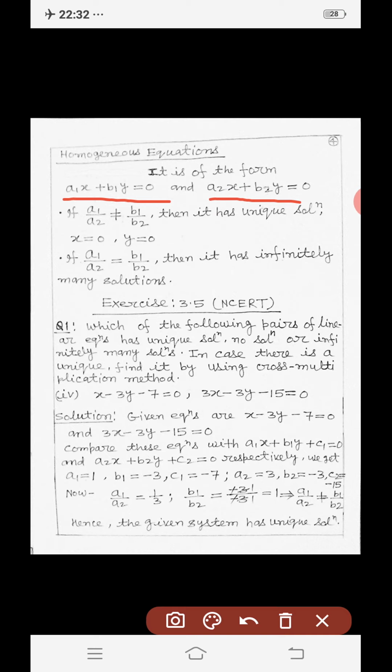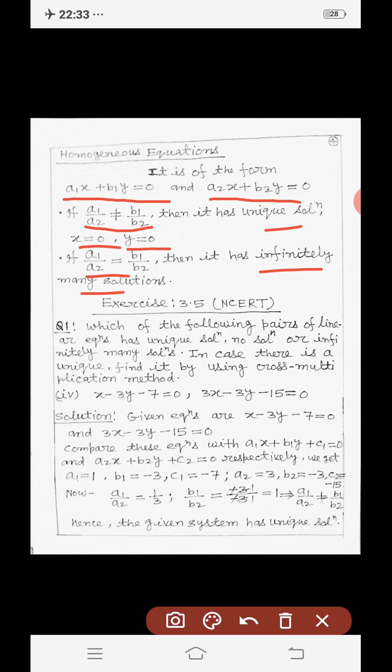Therefore, if a1/a2 ≠ b1/b2, then it has a unique solution, and the solution is x = 0, y = 0. If a1/a2 = b1/b2, then it has infinitely many solutions.